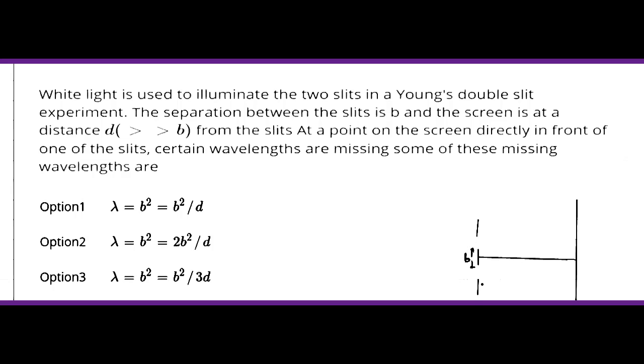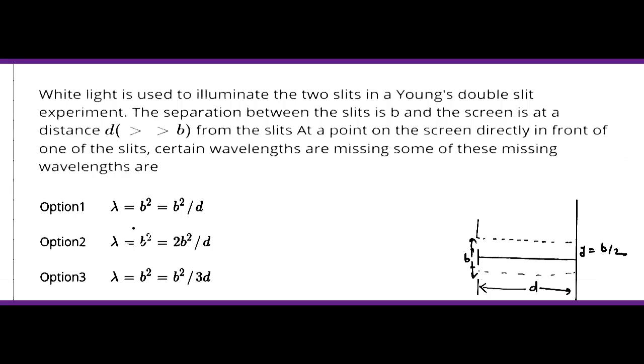The distance to the screen is given here, that is a small d. From the central position, y is equal to b by 2, and the whole distance is b.